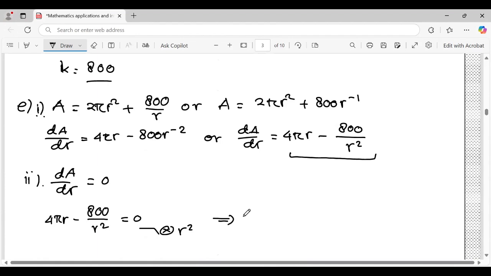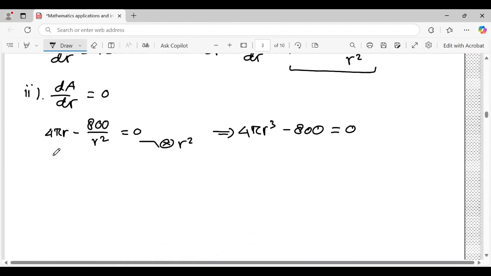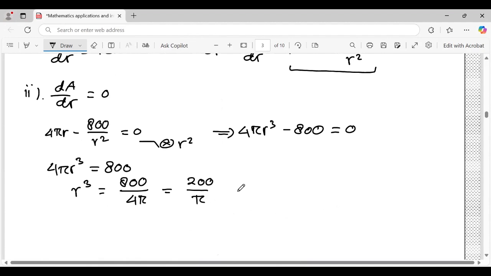And it's going to be 4 pi R cubed minus 800 equals 0. So we can rearrange this equation: 4 pi R cubed equals 800, or R cubed equals 800 over 4 pi. Now 800 divided by 4 equals 200 over pi.